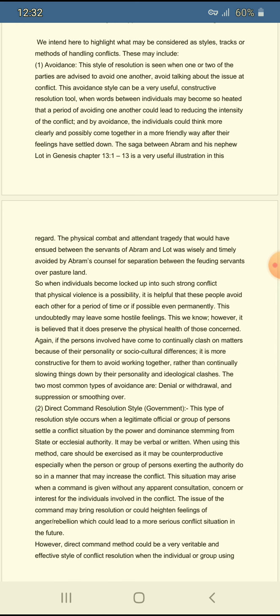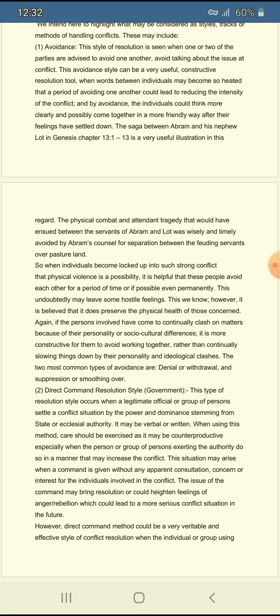Avoidance. This style of resolution is seen when one or two of the parties are advised to avoid one another, and avoid talking about the issue at conflict.